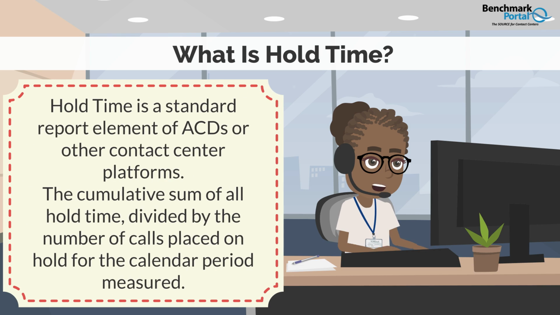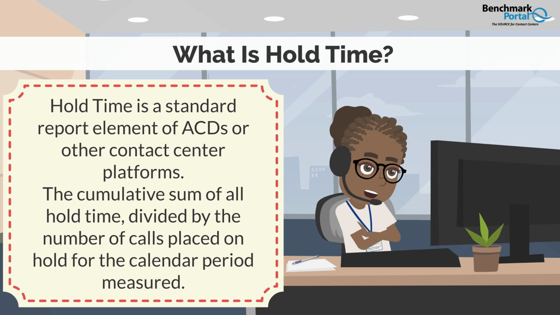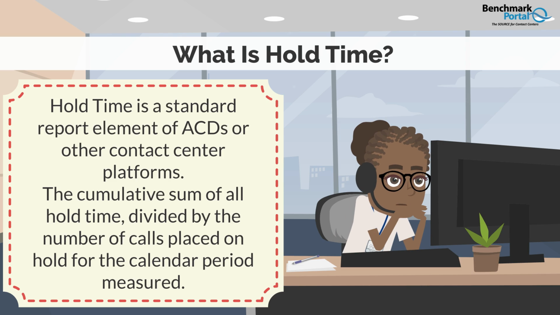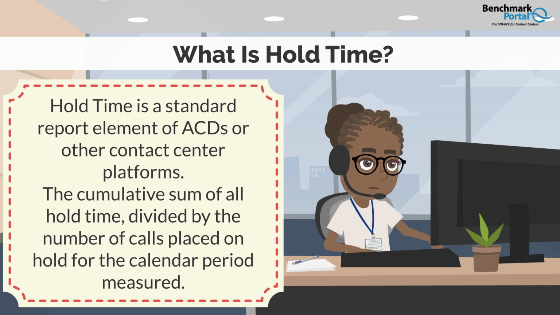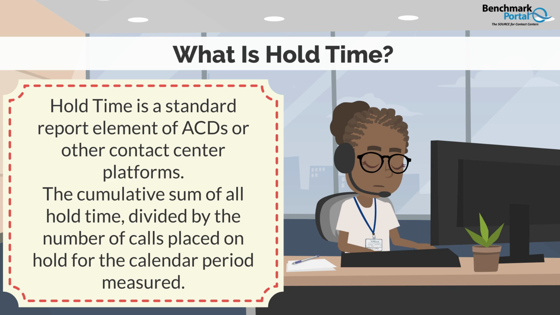Hold time is a standard reporting element of contact center ACD platforms that measures the amount of time that callers are placed on hold during a call. This is a key performance indicator that contact center managers must pay attention to in managing an effective and efficient contact center operation.